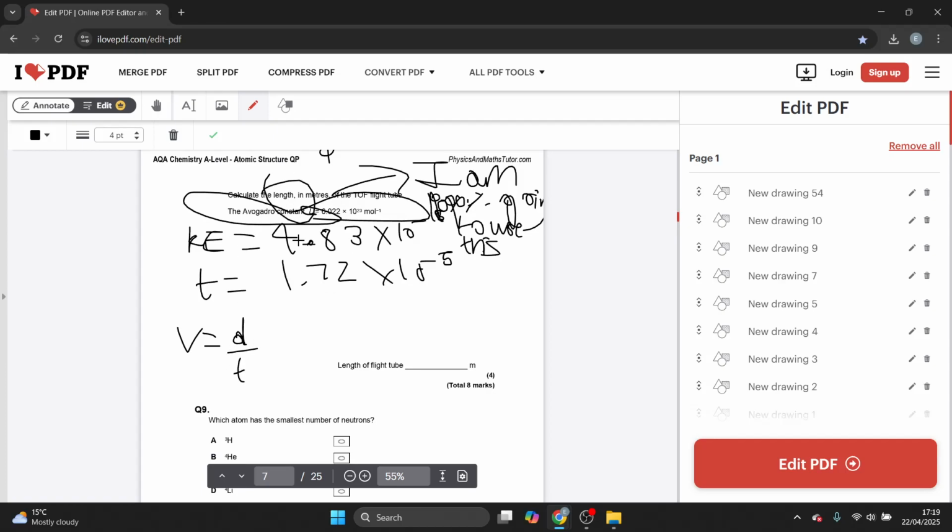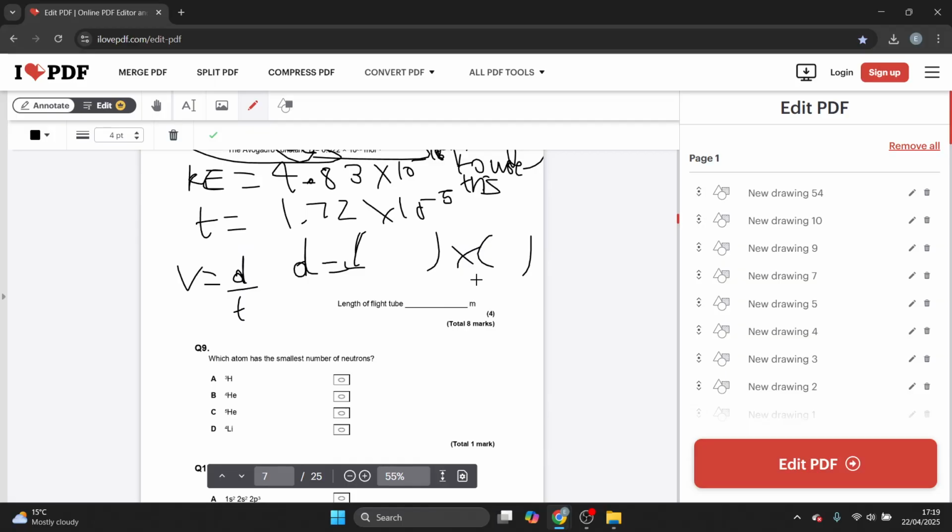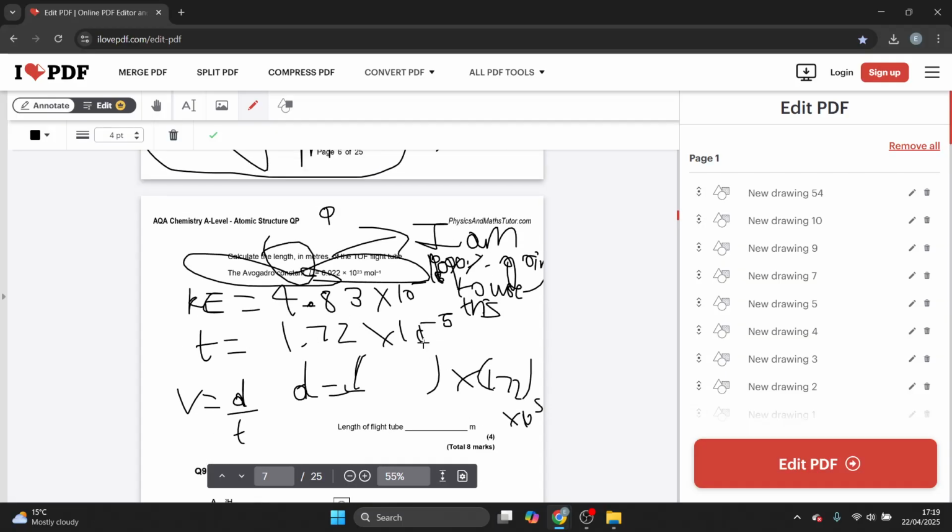Therefore, the length, which is the distance, equals velocity, which you just worked out, times the time, which it must give you, otherwise you've got it completely wrong, 1.72 times 10 to the power minus 5. And then it should give you 1.44 meters, 1.43 meters.